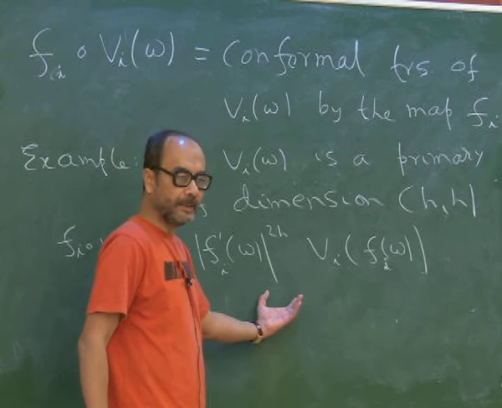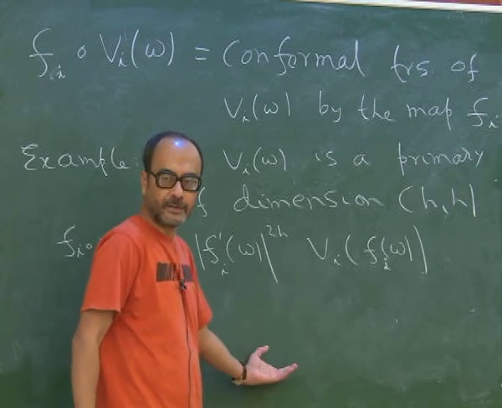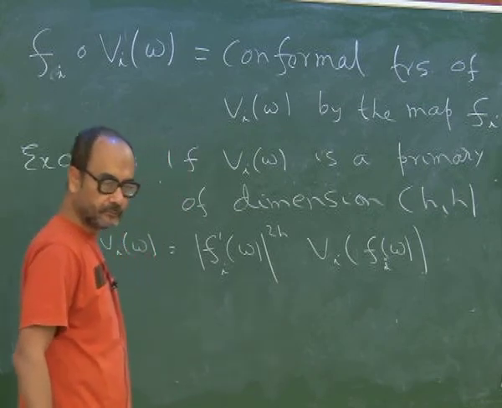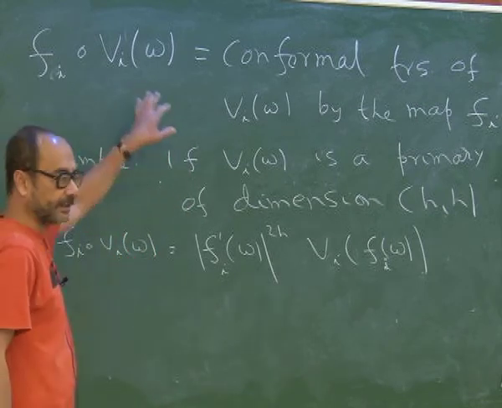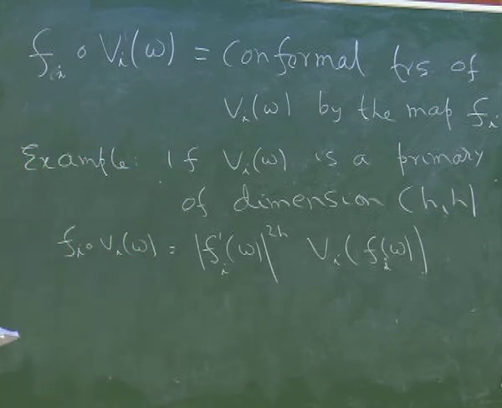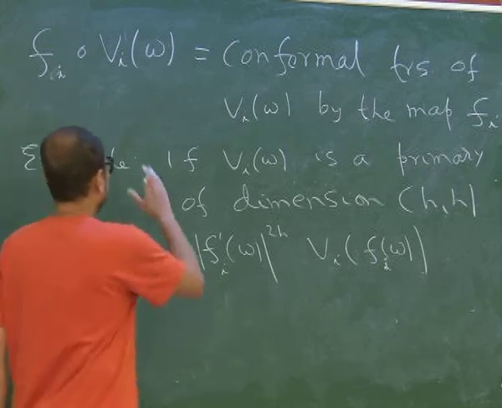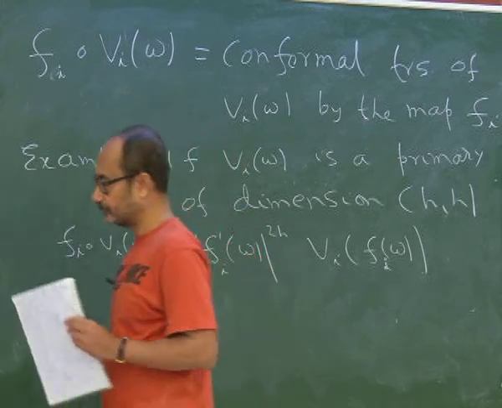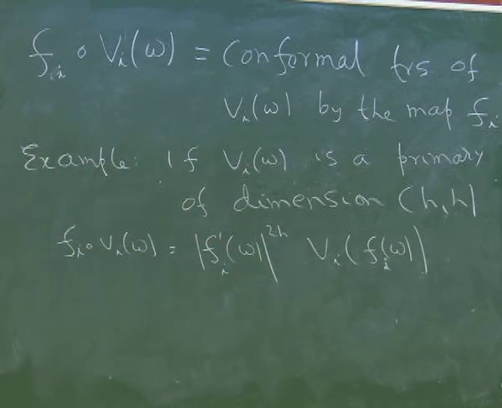For primary it's simple. For secondary there are additional terms which involve various higher derivatives of F. But this is a well-defined object. And we are going to define our off-shell amplitude with the help of these objects. So let me now write down the off-shell amplitude.